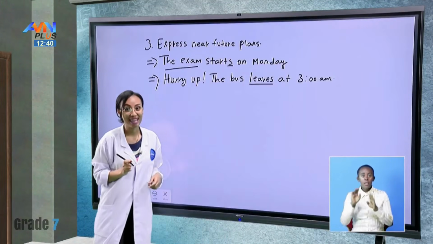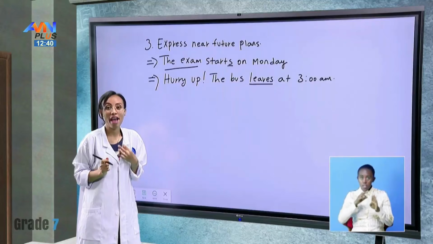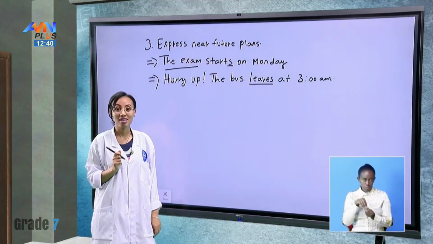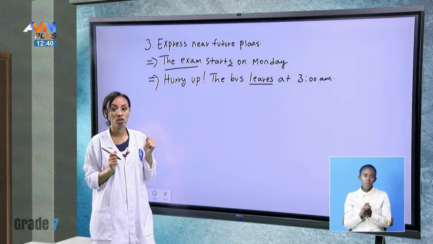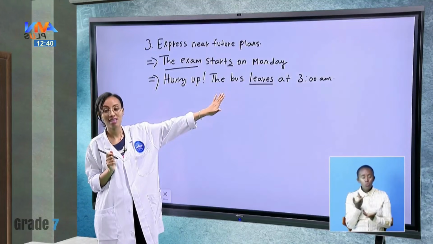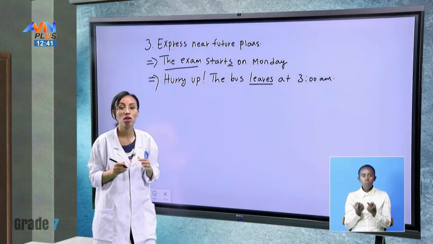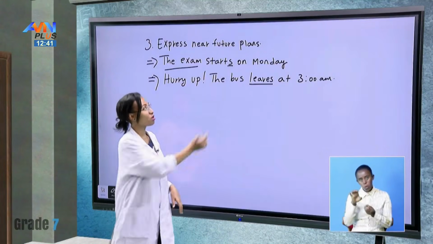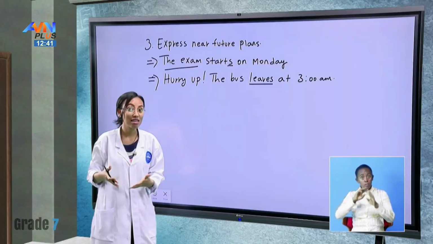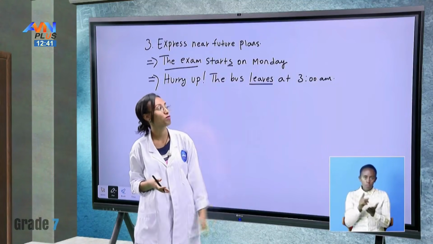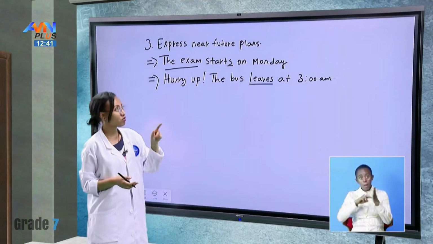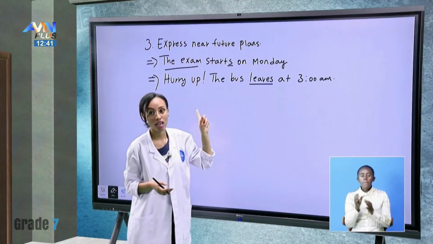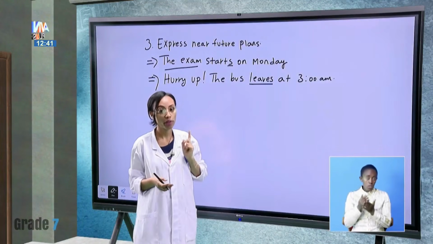The bus, again. So in our verb, we have what? We have added S. That is how we use the simple present tense when it comes to third person singulars. We add S or ES. So in this case, the bus is it. So we have again added S in our verb. So the bus leaves at 3 a.m. So this is also again showing what? Expressing near future plans.